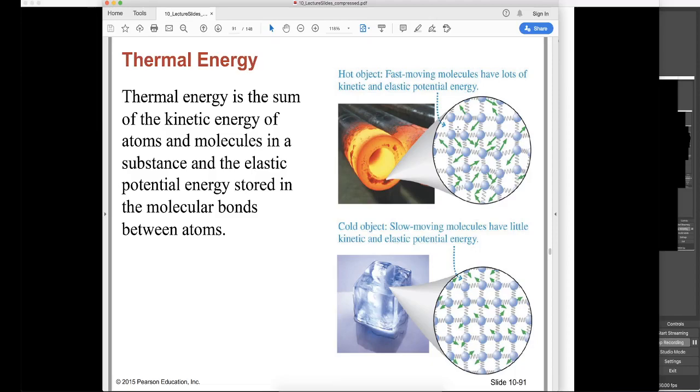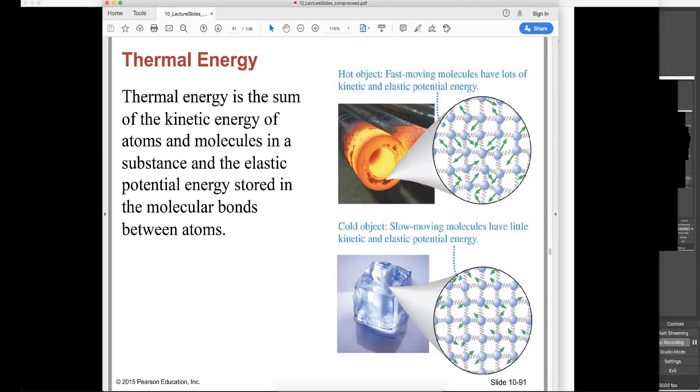That thermal energy is related to the temperature. If the temperature is higher, that means the thermal energy of this object is higher. So here is the microscopic view of thermal energy or temperature.